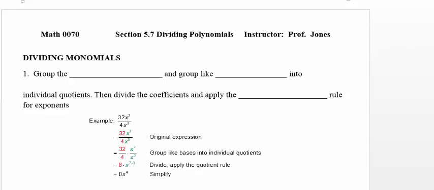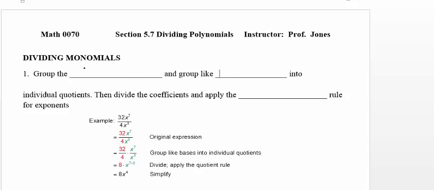Let's take a look at section 5.7, dividing polynomials. We want to do this in a similar fashion to what we've done already in the sections on negative exponents and scientific notation.